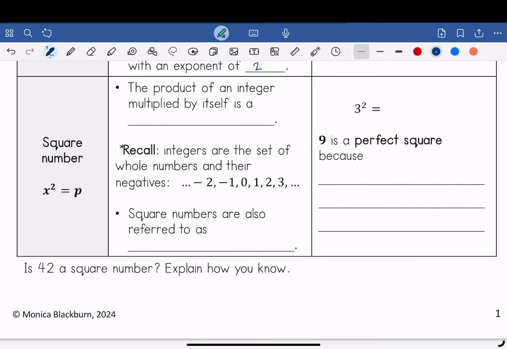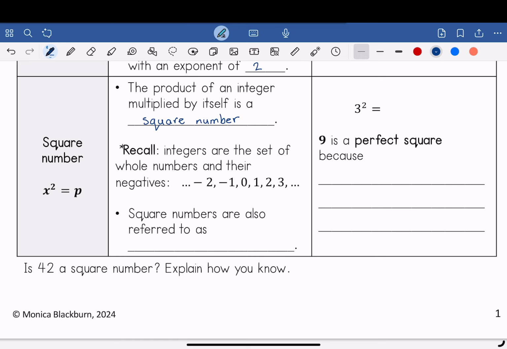So what is a square number? The product of an integer multiplied by itself is a square number. Recall, integers are the set of whole numbers and their negatives. So -2, -1, 0, 1, 2, 3.